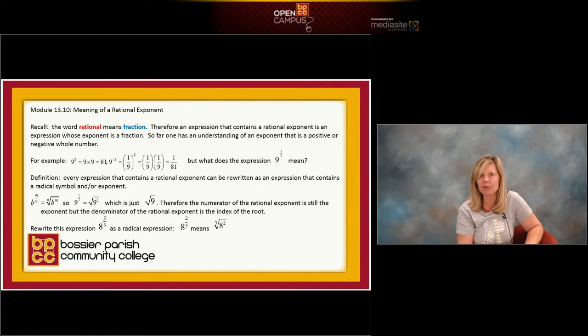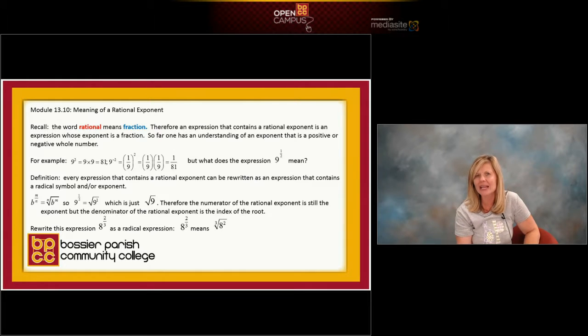The denominator of the fraction is the root. The numerator of the exponent is still the exponent. So when I have 8 to the 2/3, what's my base? It's 8. So 8's going to be inside. It's going to be the radicand. It's still going to have an exponent on it, but the exponent is not going to be a fraction. Now the exponent is going to be the numerator, just the 2. The root, the index, is going to be the denominator, which is the 3. So we would rewrite 8 to the 2/3 as the cube root of 8 squared.